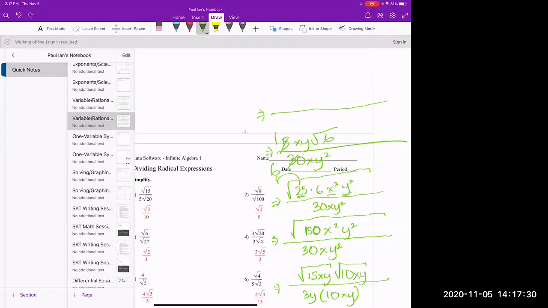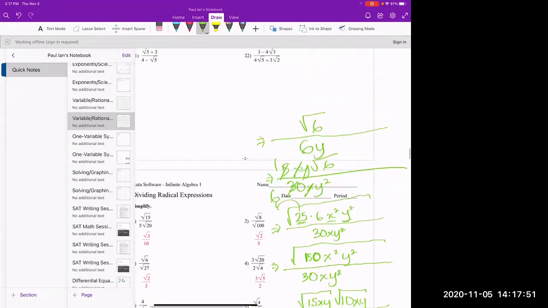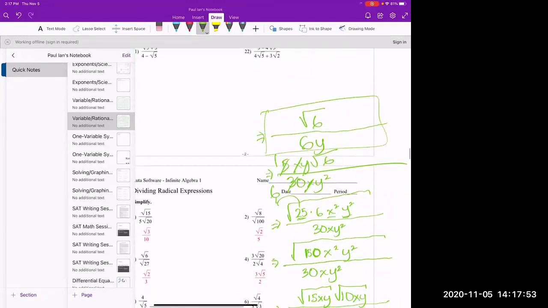So x is gone, right? And then you have y over y squared. So what is that? Y is at the bottom, right? So you have root 6 at the top. Nothing's at the top anymore. And you have 6y. Does that look right? Yep, and that's the answer.